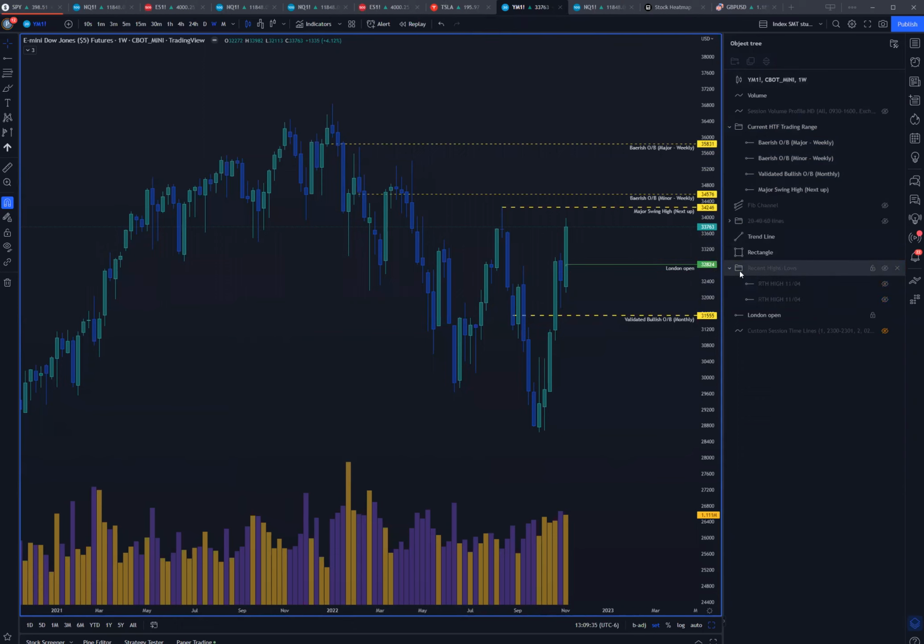And I like to keep this one in an overnight action, overnight activity folder. I put overnight important markers in there. I'll probably focus on the YM a little bit more.